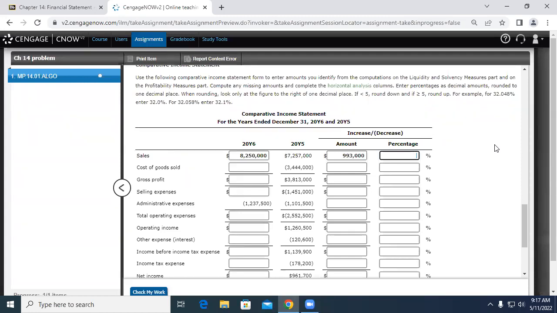It's an increase from 2015 to 2016, so we're showing that as a positive number. If it was a decrease, we'd have to show it as a negative. And then for the percent, we take that dollar amount and divide by the older year. And we are asked to round to one decimal place. Interestingly, here in chapter 14, it tells you how to round. So it's the first time we've seen that. It's kind of funny. And so we're rounding that off to one decimal place.